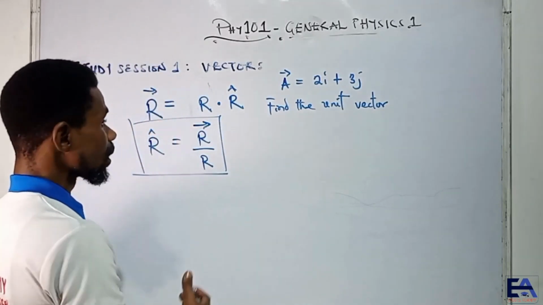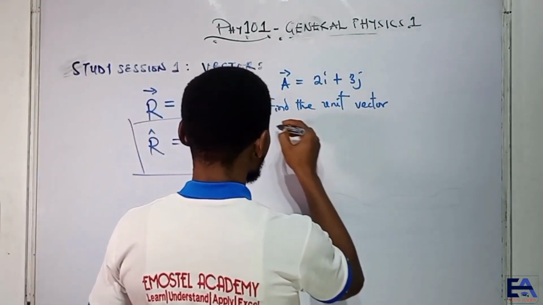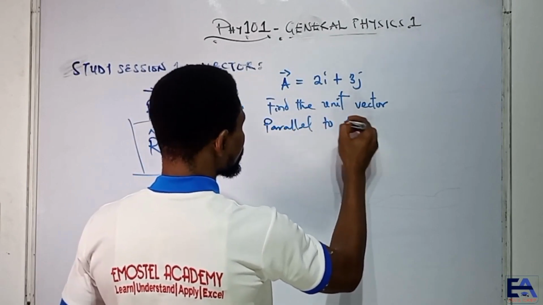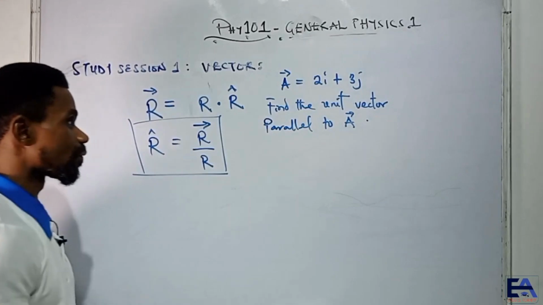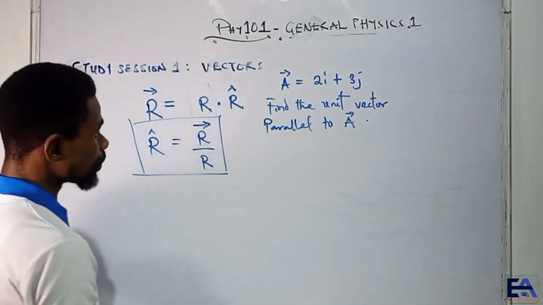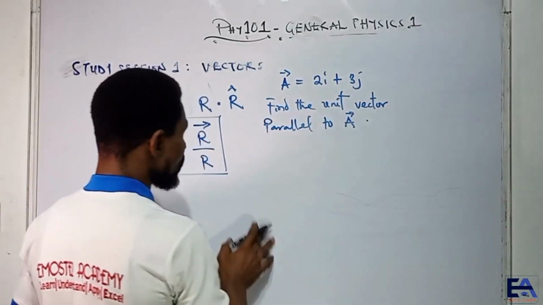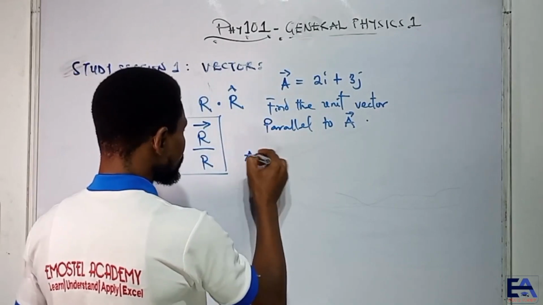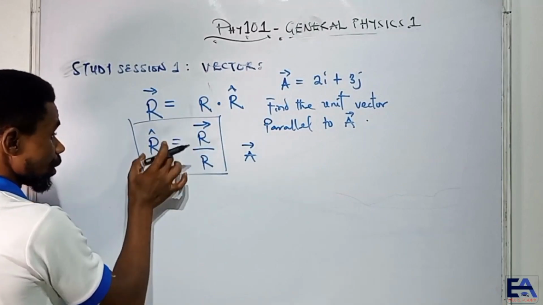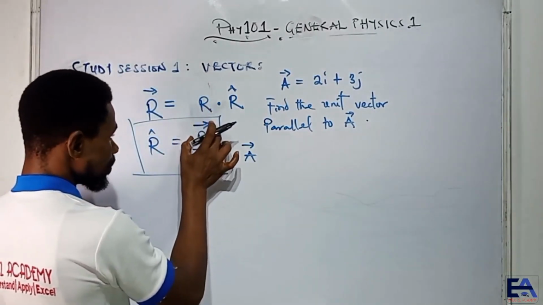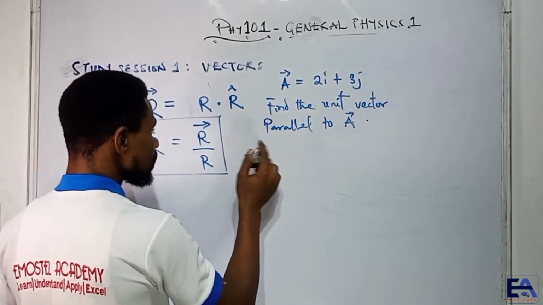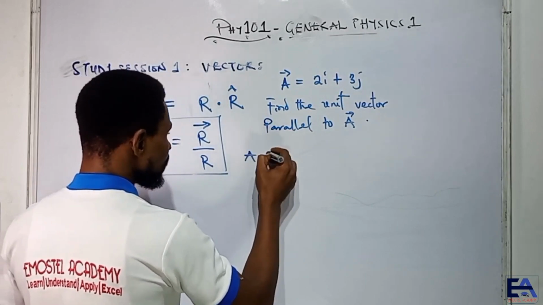But in this case, we're looking for the unit vector parallel to A. So if you are given this kind of question, let's go straight to the point. As you know, the unit vector is equal to the vector A divided by its magnitude. So the very first thing you find is the magnitude. Let's get the magnitude first.